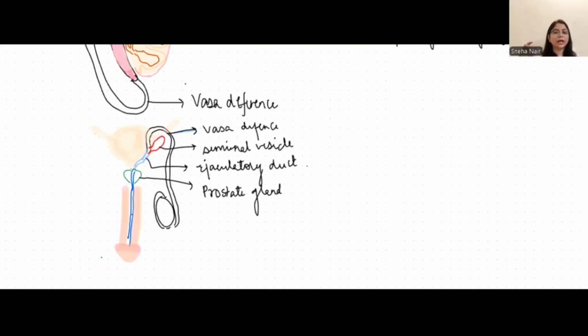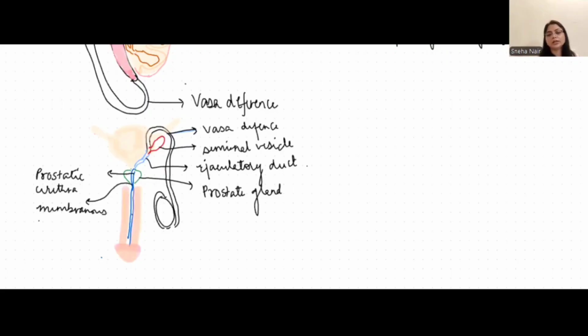Okay, so that part of the urethra that is passing through the prostate gland is called prostatic urethra. Then there is a small part of the urethra which is not covered by any structure. It is called membranous urethra.